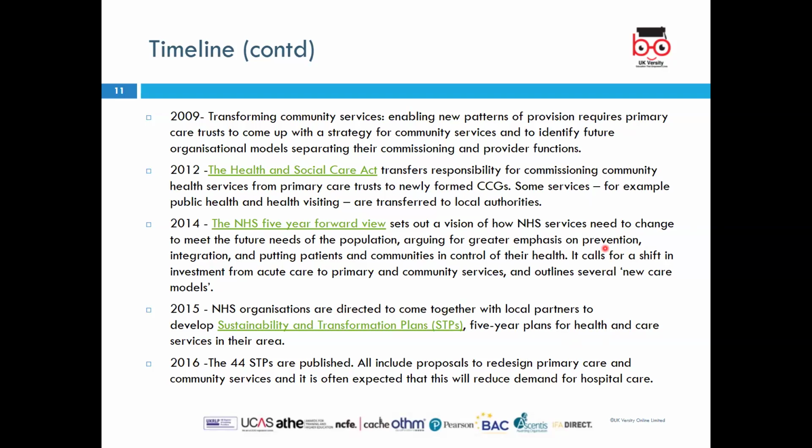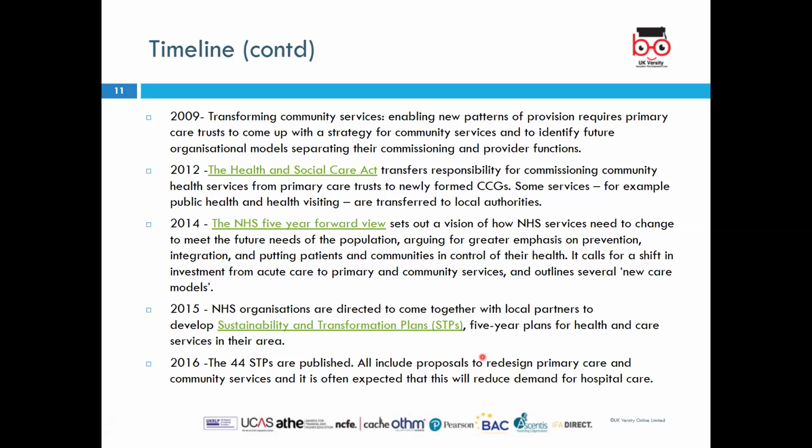They're transferred now to the local authorities. 2014, you have the NHS Five Year Forward View that sets out a view of how the NHS services need to change to meet the future needs of the population, putting patients and communities in control of their own health. It calls for a shift in investment from acute care to primary and community services and outlines several new care models. 2015, the NHS organizations are directed to come together and to develop sustainability and transformation plans, STPs.